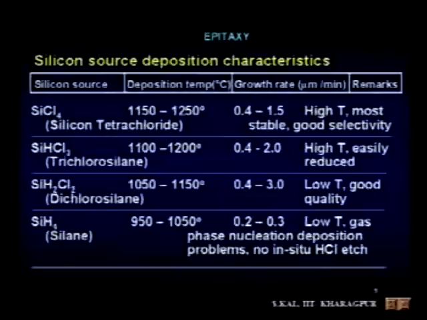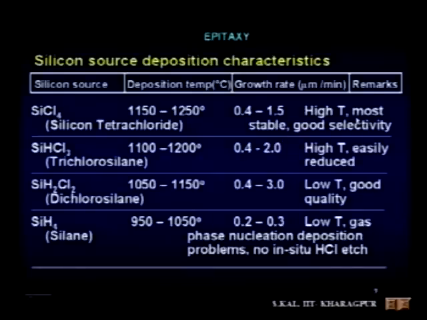Again, silicon source deposition characteristics are shown here in this table. Silicon tetrachloride: temperature 1150 to 1250 degrees centigrade, the growth rate is 0.4 to 1.5 micron per minute. Some of the remarks: obviously the temperature of reaction is high, but the reaction is highly stable and has good selectivity.